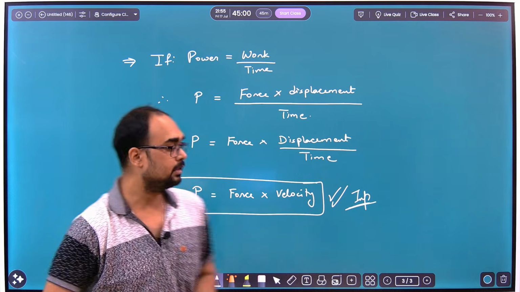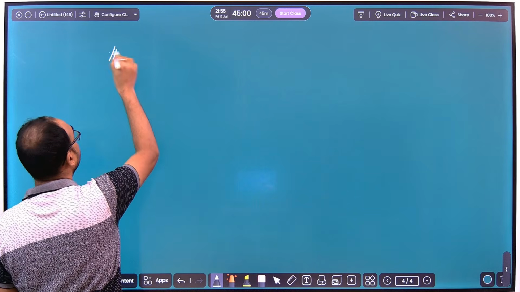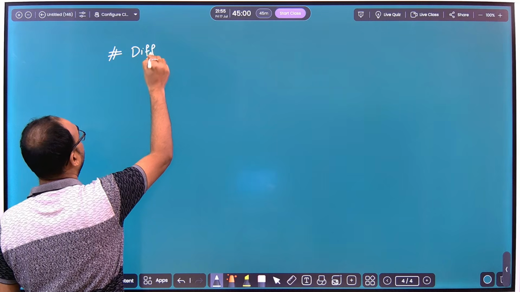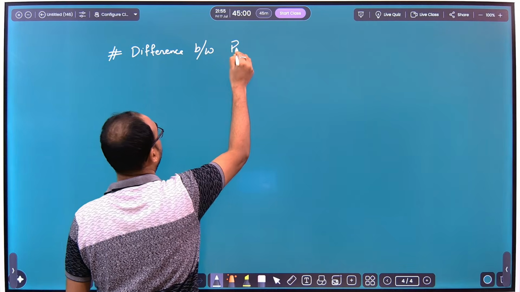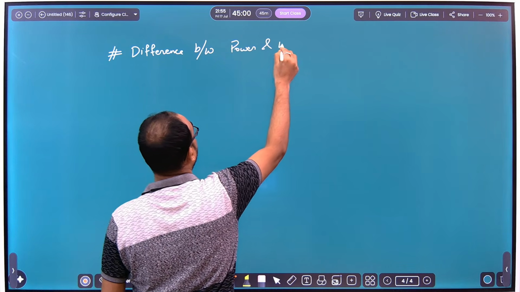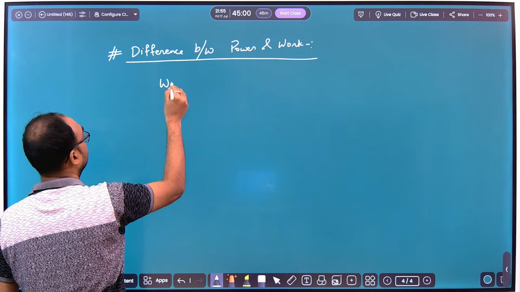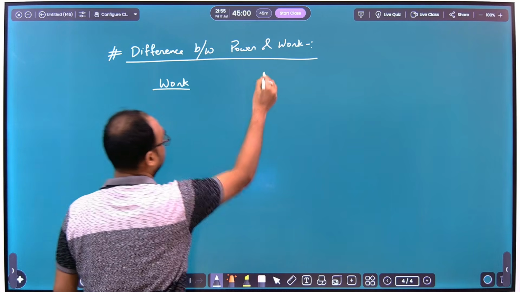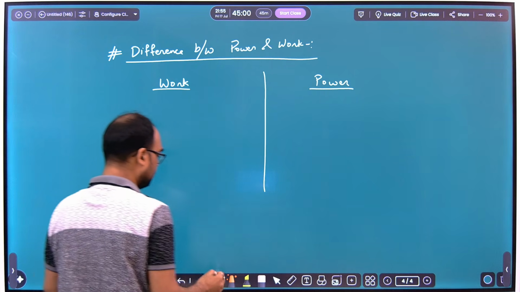Now, let's go with the difference between power and work. Work, power. Point number 1.